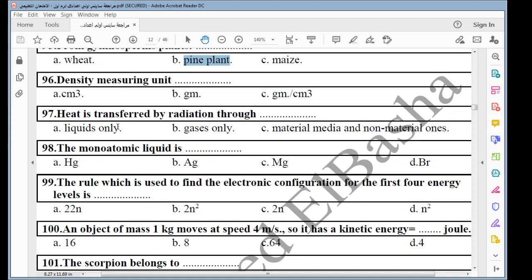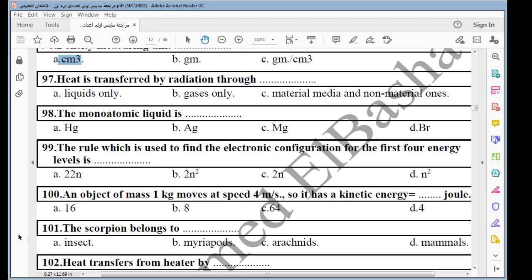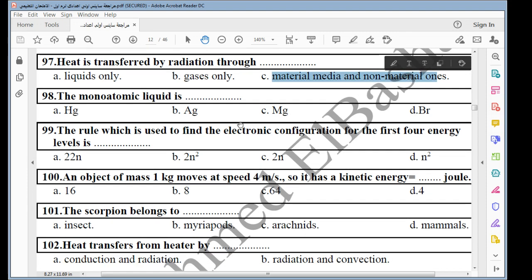Density measuring unit, easy, gram per centimeter cube. Heat is transferred by radiation through material media and non-material ones.